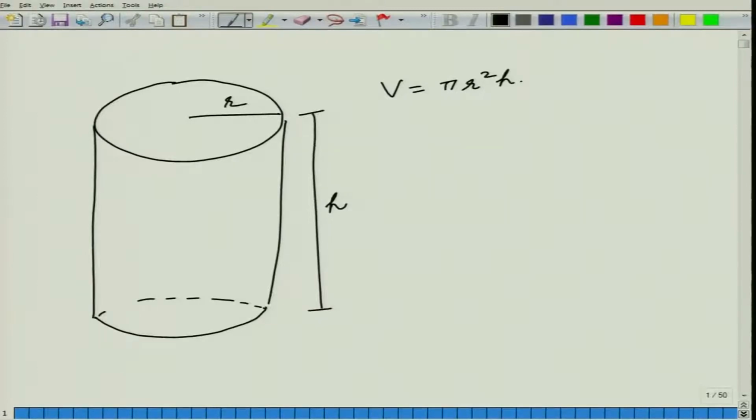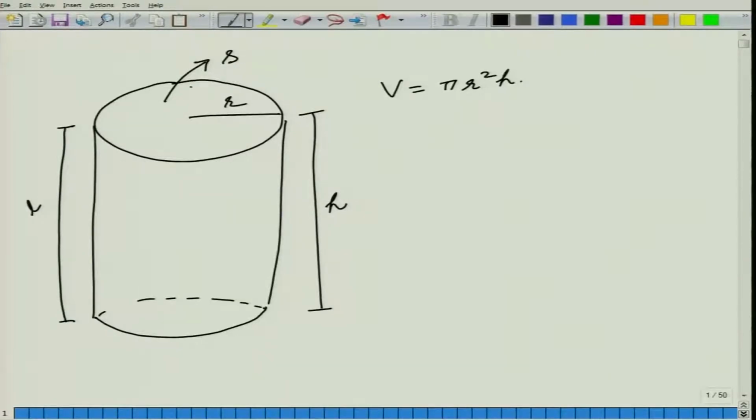Now, in today's lecture we will redefine these terms. We consider the area of a cross section to be S, and we consider this height as the length of the solid.